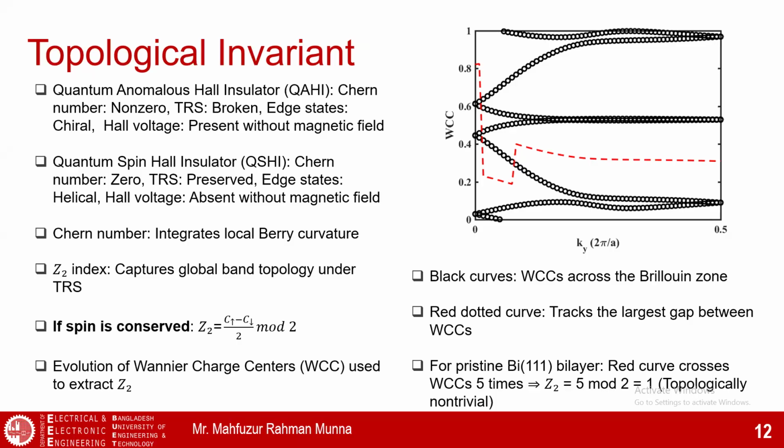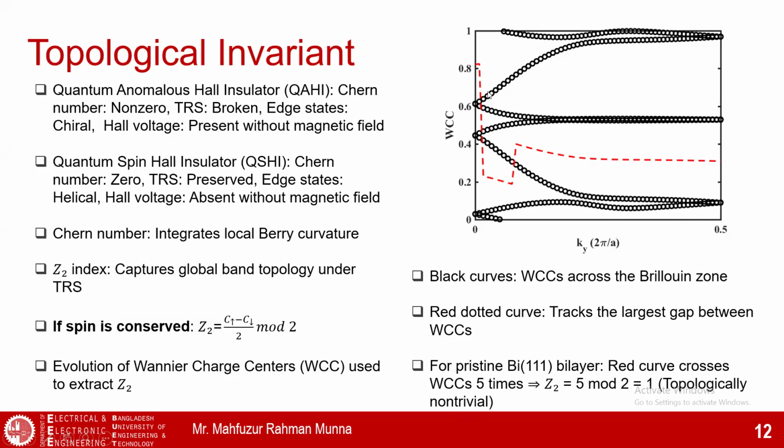So I have used the Wannier charge center evolution method to validate that bismuth tri-one is indeed a topological insulator. For that purpose, I used the WannierTools package to get this data. I have plotted the evolution of Wannier charge centers with respect to the wave number k.